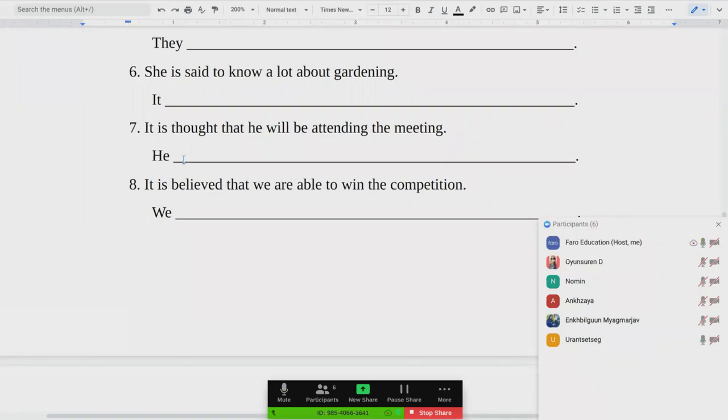8. It is believed that we are able to win the competition.